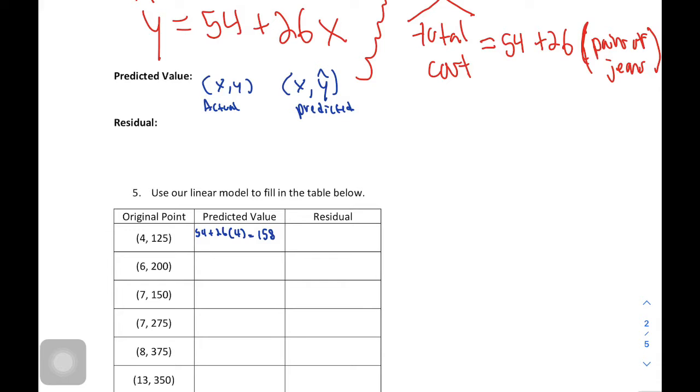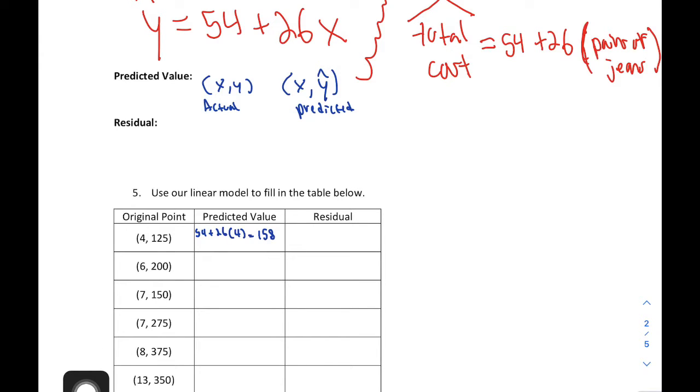So notice that my predicted amount for 4 jeans is 158, but we actually only bought 4 jeans for $125. So they may be off a little bit for certain points, but that's okay, because at the end of the day, this is the best model that fits all of our data, not just this one.